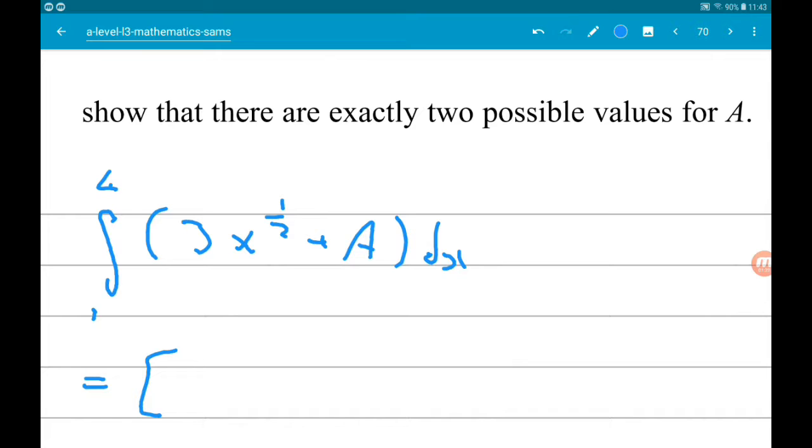So x to the 1/2 integrates up to x to the 3/2. We then divide by the new power. So when you divide by a fraction, you flip it over and multiply. So we're going to get 3 times 2/3 x to the 3/2. So that's just going to give us 2x to the 3/2. And then a just integrates to ax.